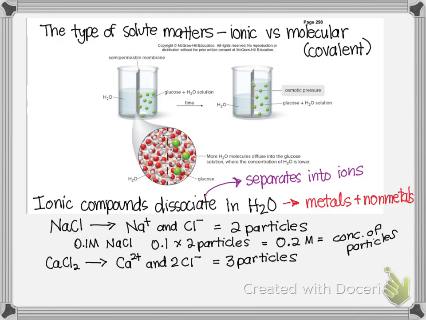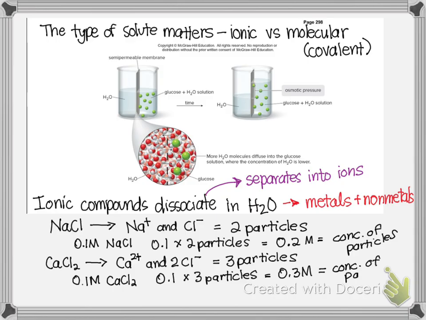Now, if they tell me that the concentration of the calcium chloride is 0.1, well, really the concentration of the particles would be multiplied by 3 because there's 3 particles. So the concentration of the particles is 0.3. So it's more. In terms of colligative properties, calcium chloride would even have greater impact than sodium chloride because it would have more particle concentration.